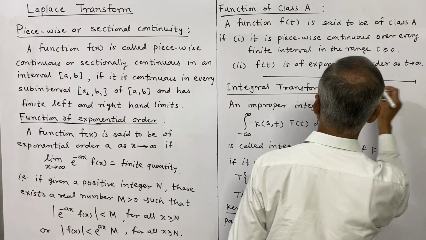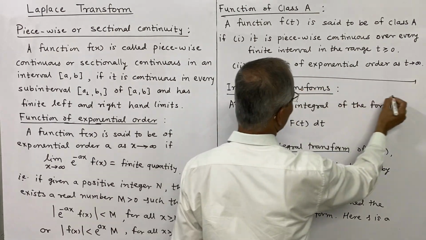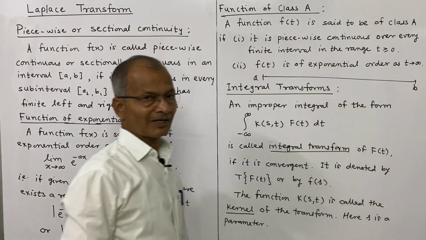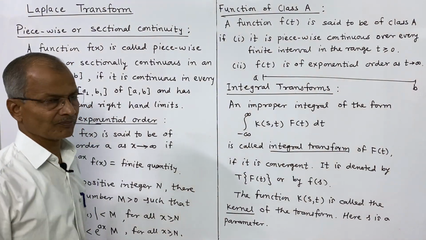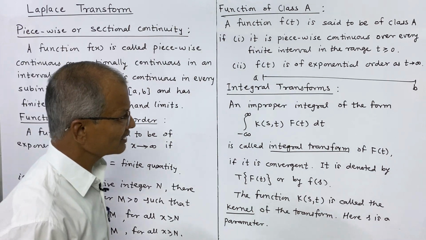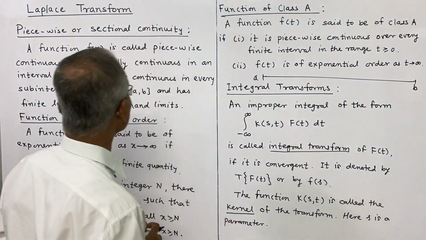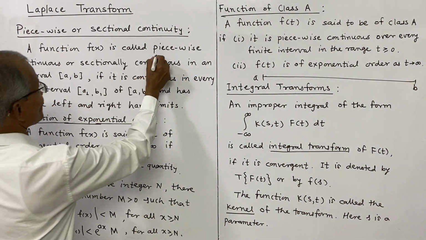Suppose this is the interval ab, and the function need not be continuous at every point from A to B. There are infinitely many points, but it must be continuous piecewise.